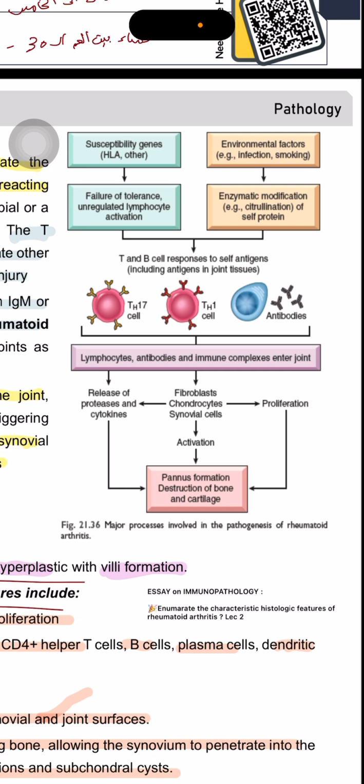This will lead to release of cytokines and fibroblast proliferation in synovial cells, and all these fibroblasts, increased in number, will lead to secretion of cytokines. They proliferate in two ways, or directly by cytokines, leading to pannus formation with destruction of bone and cartilage.